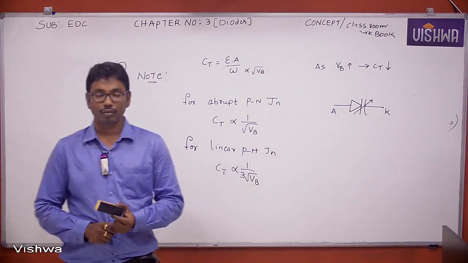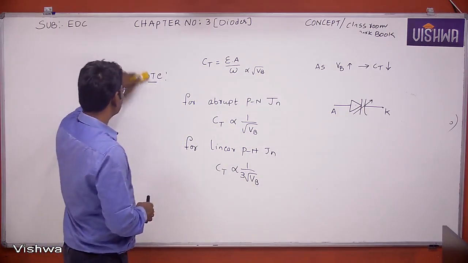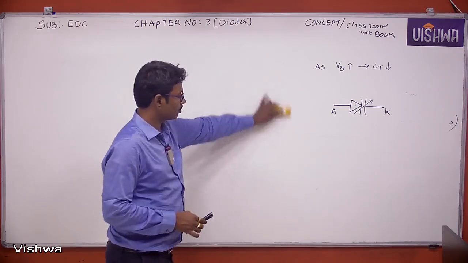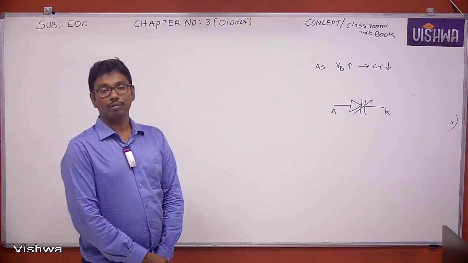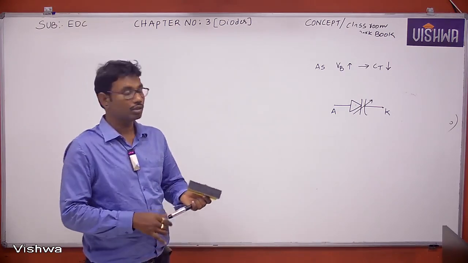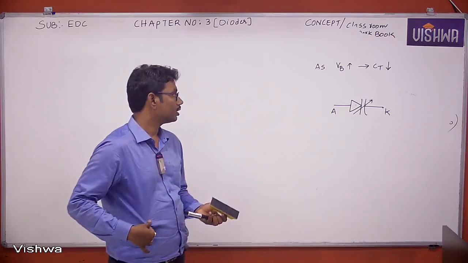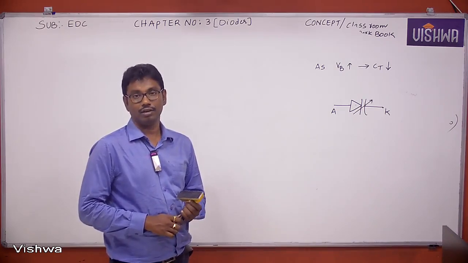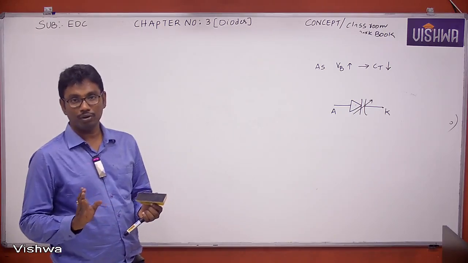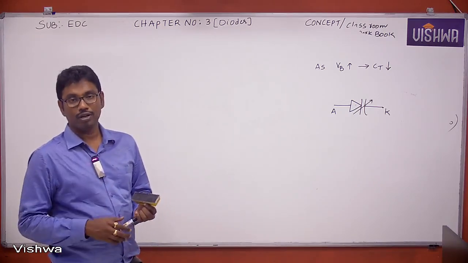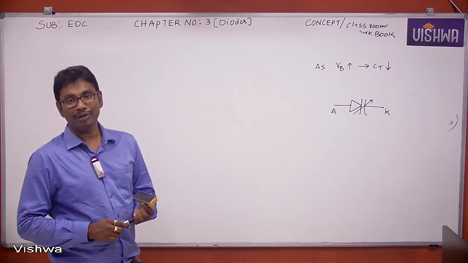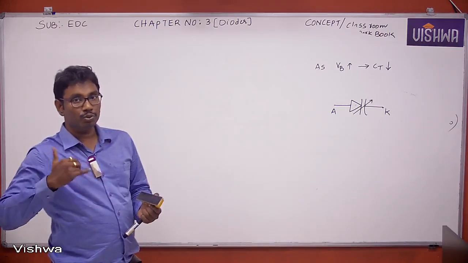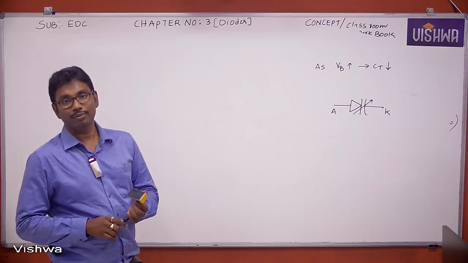Write down a question. An abrupt PN junction has a built-in potential of 0.7 volts and a junction capacitance of 4 picofarad at a reverse bias of 1.3 volts.